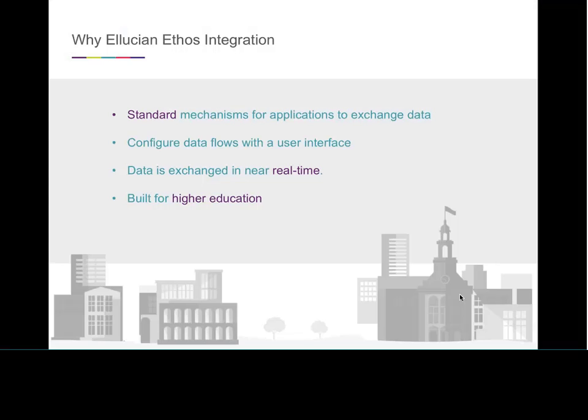Ethos Integration has RESTful-based endpoints passing data using JSON strings, which is a very modern, common way, very human readable if you want to look at those messages. Very easy to take advantage of way to have these applications communicating through Ethos Integration.